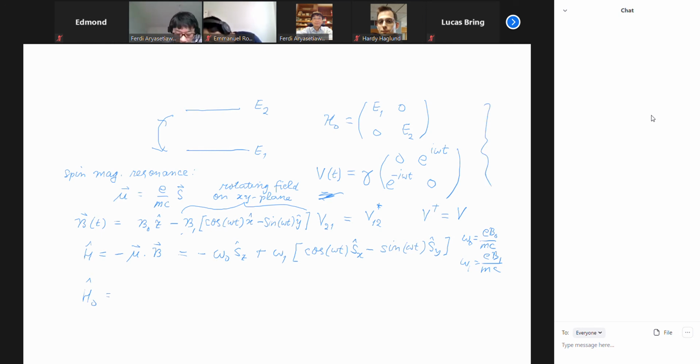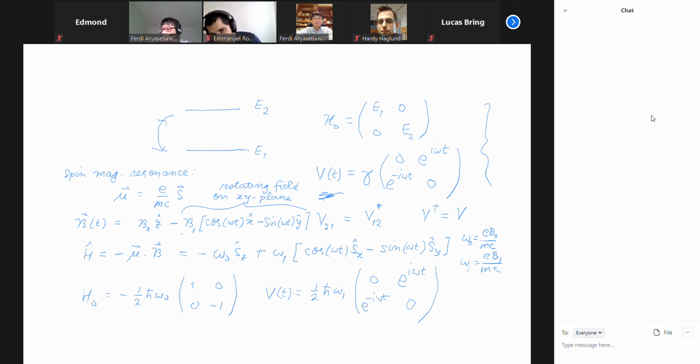That becomes minus 1/2 h bar omega 0 times the matrix with 1 and minus 1 on the diagonal, and for the perturbation, a matrix which is a function of time, equal to 1/2 times a matrix with 0s on the diagonal and the off-diagonal time-dependent terms.